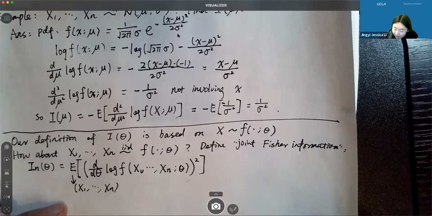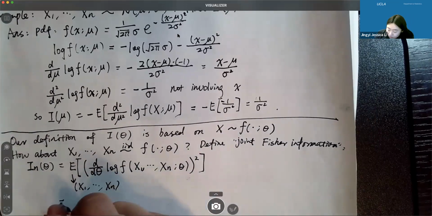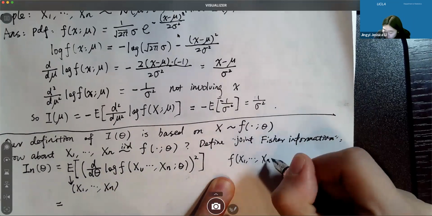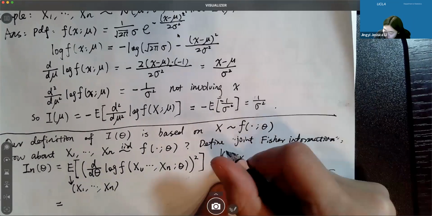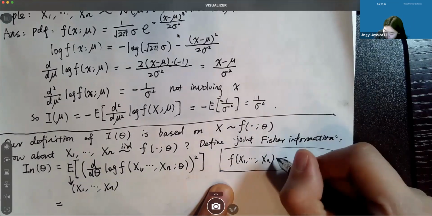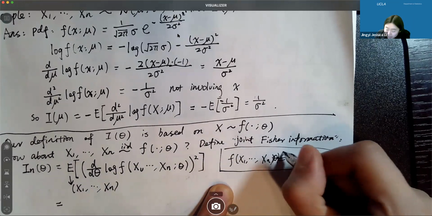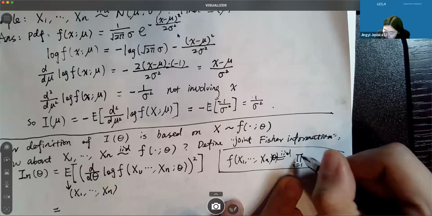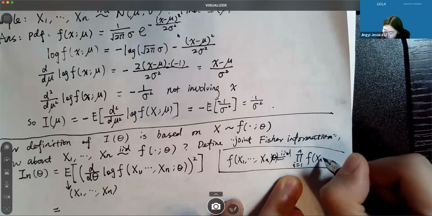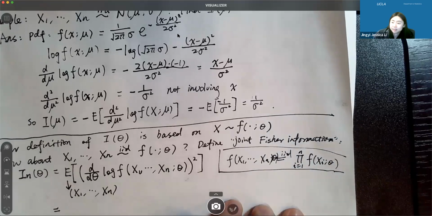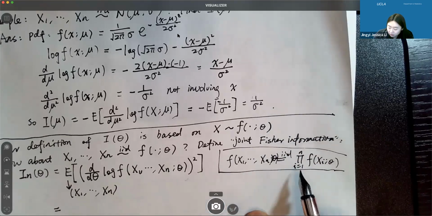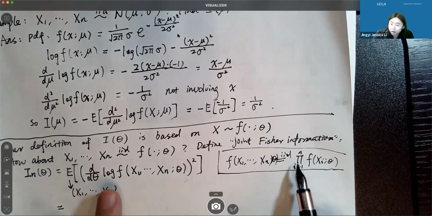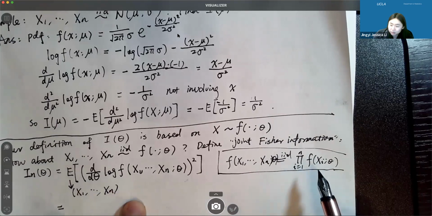Given that they are IID, we can go one more step. So we know that f of x1 to xn, let me make a side note: because of IID, they are factorized. They can be factorized as just the product of f of each xi given theta, right? Now we put the log on the product. We would have it as a sum of logs, since the log of a product is equal to the sum of logs.